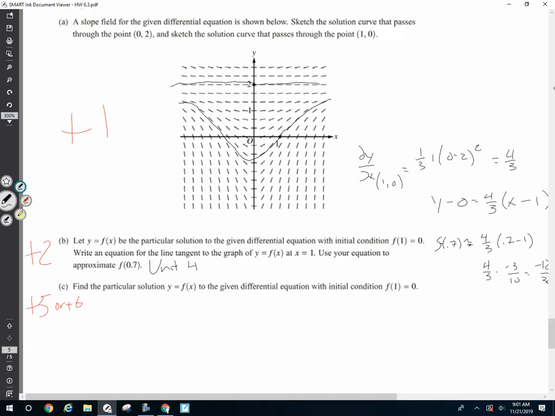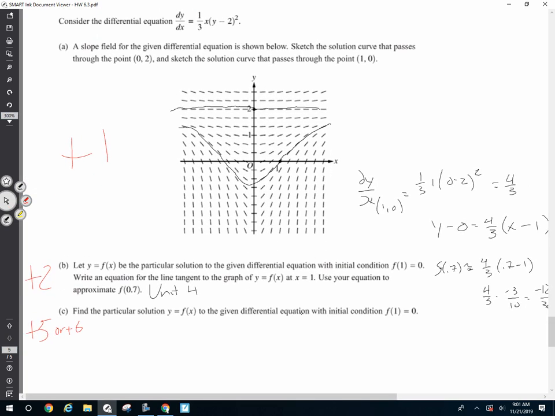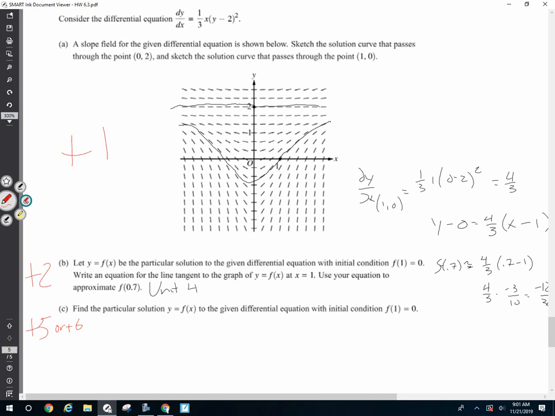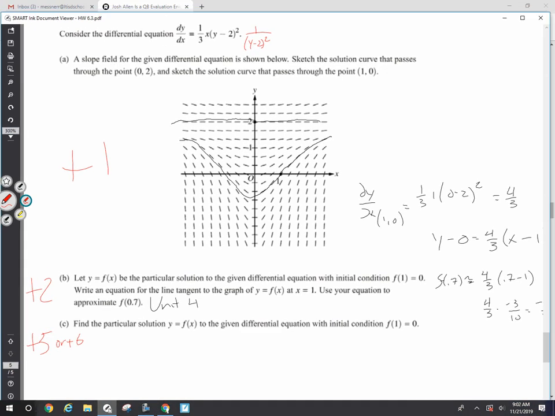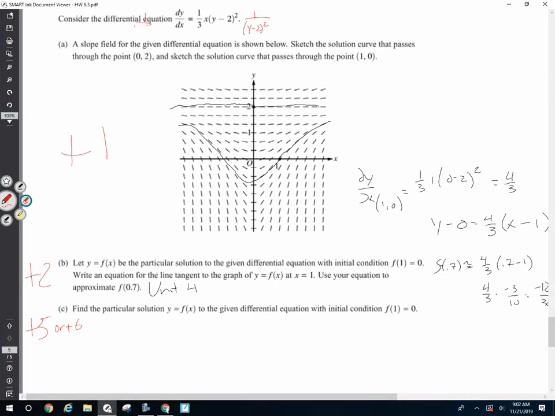You will get 1 point if you are able to separate your variables correctly. To separate your variables, we would multiply by 1 over y minus 2 squared and dx. Oh my gosh.